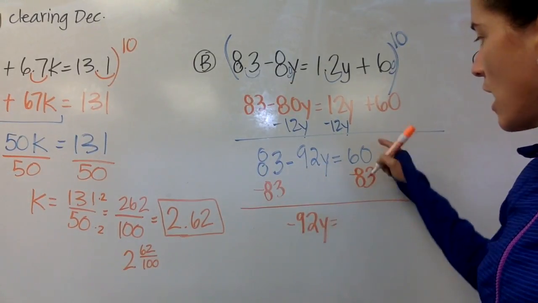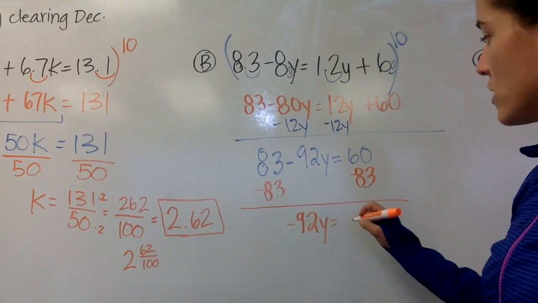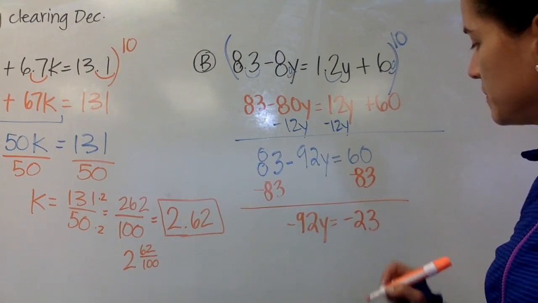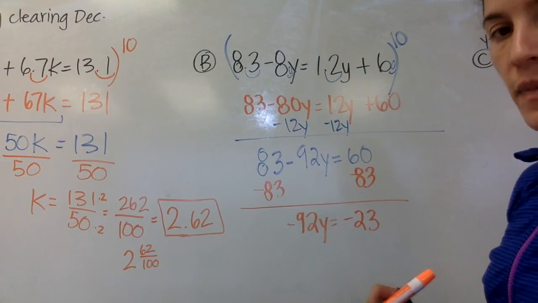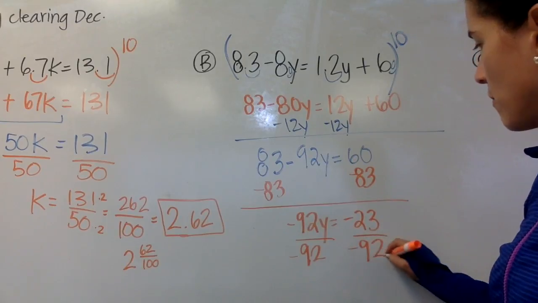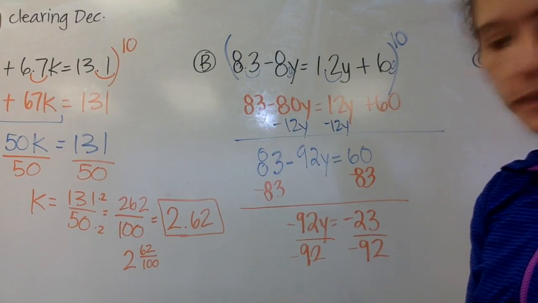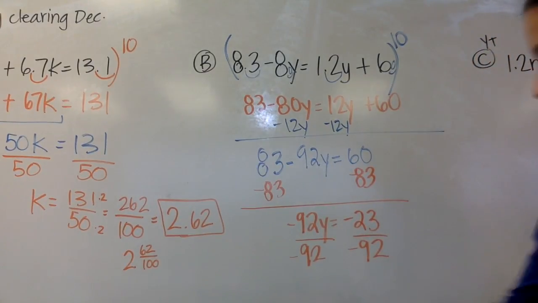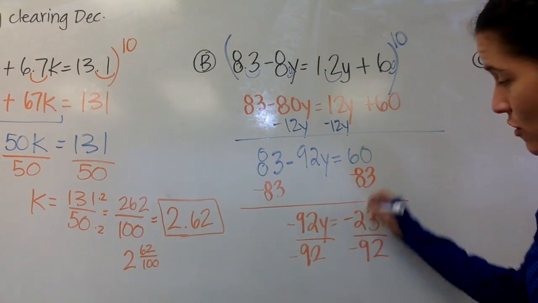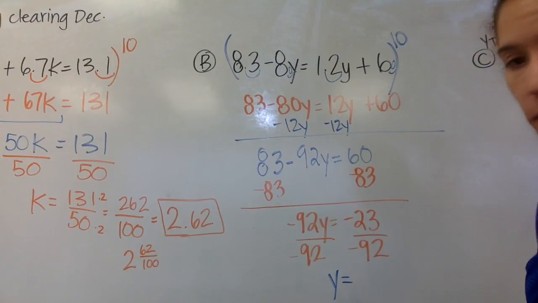Negative 92y equals negative 23. And then I need to divide by negative 92. And we see that, first of all, I have a negative and a negative, so my answer is going to be a positive.